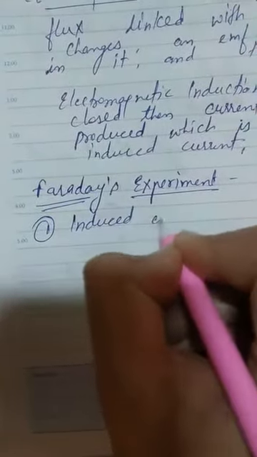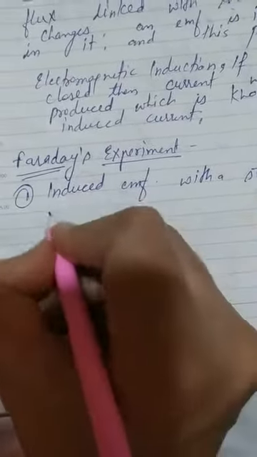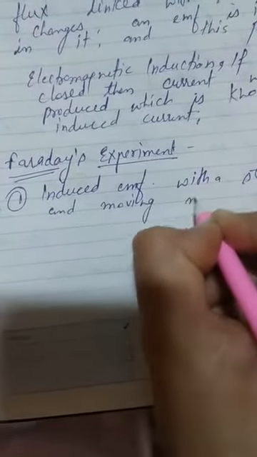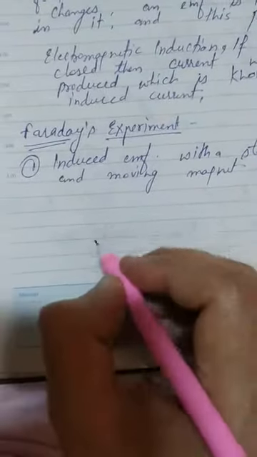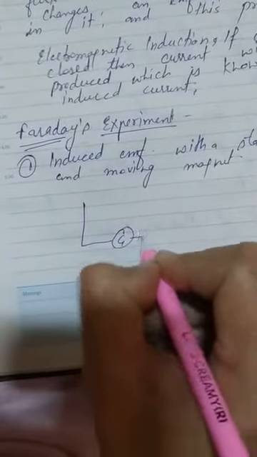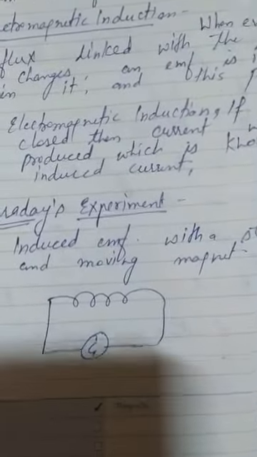Induced EMF with a stationary coil and a moving magnet. Here we are taking a coil and a galvanometer. The galvanometer is used to indicate whether current is there or not.